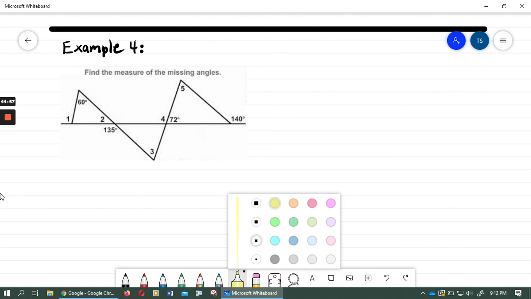If you try to look at all of this at one time, you are going to completely overwhelm yourself and not know what to do. So you're going to have to focus on one triangle at a time, finding one part at a time.